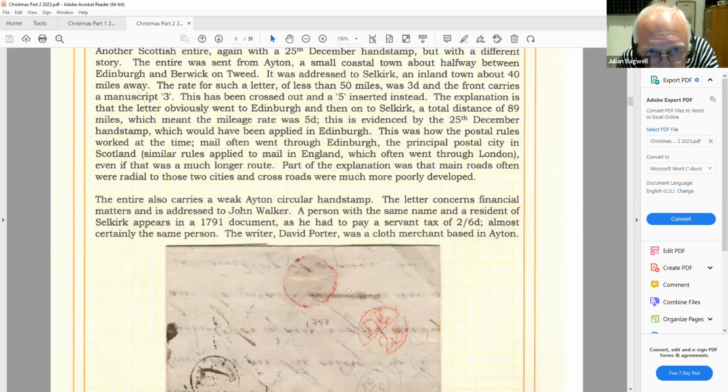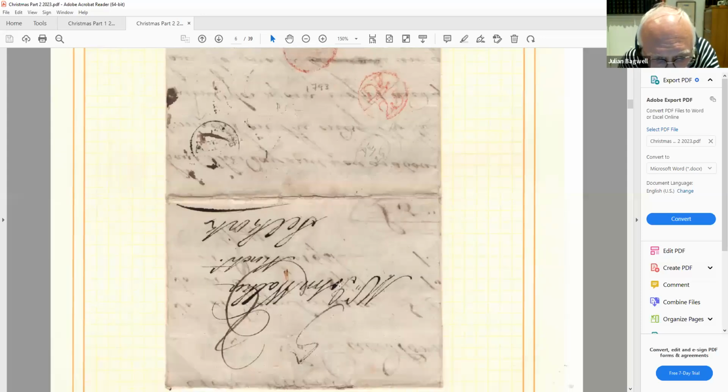So it was only 50 miles from Ayton, a small town from where it was sent, to Selkirk. So that rate would have been threepence, but it's actually got a 5 on the front because it had to go via the post roads to Edinburgh, which was a much longer journey. And this is quite a common theme at the time.